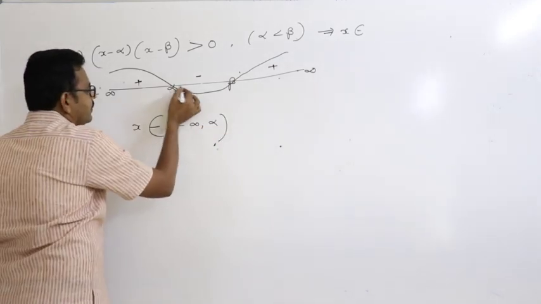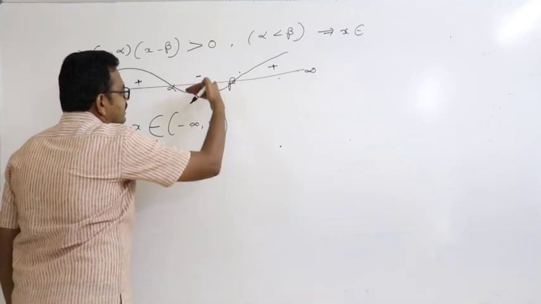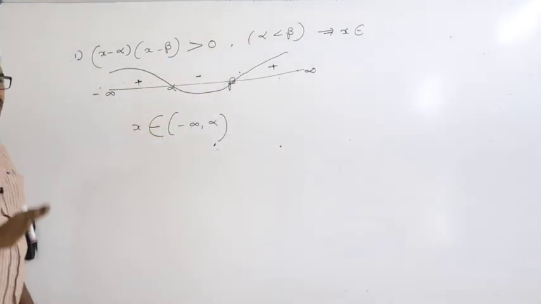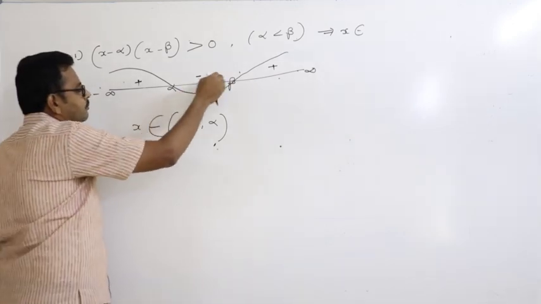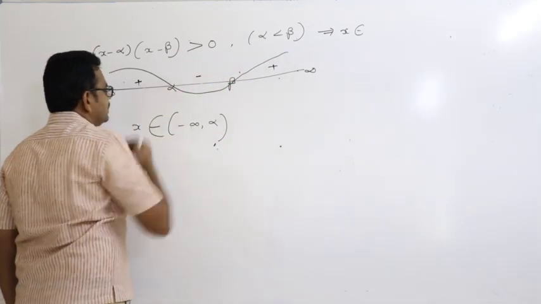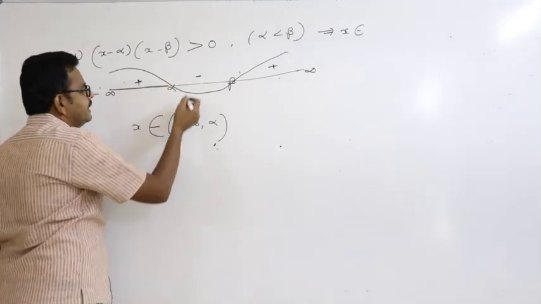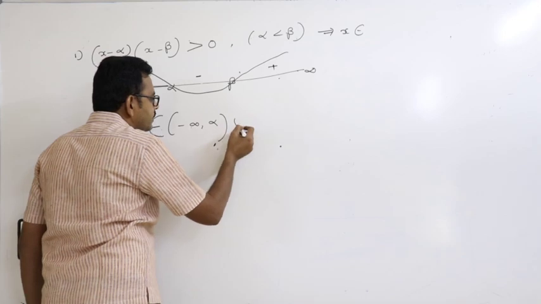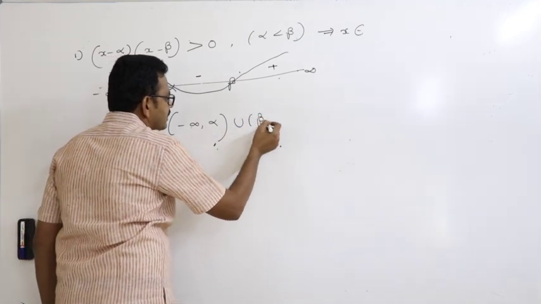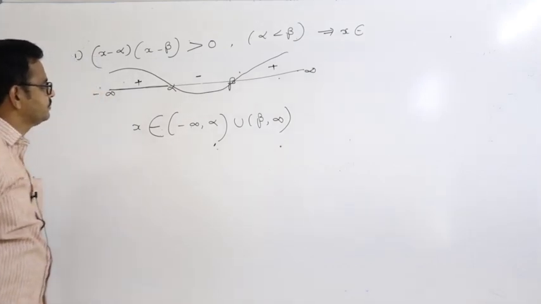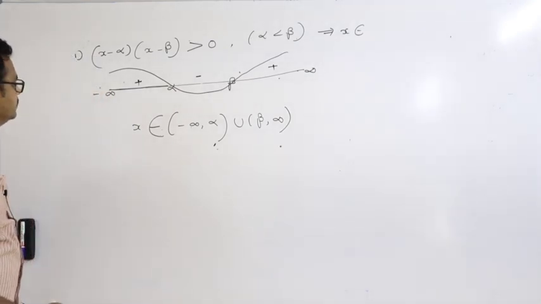And in the interval alpha to beta, this is below the line, that is negative. Above the line, that is positive. Remember that. Below the line, it is negative. Above the line, that is positive. Positive in this interval, and here it is negative. And in the interval union beta comma infinity, this is positive.